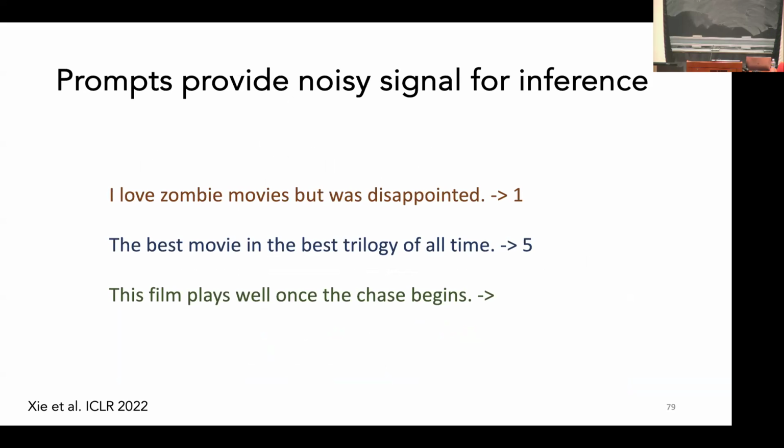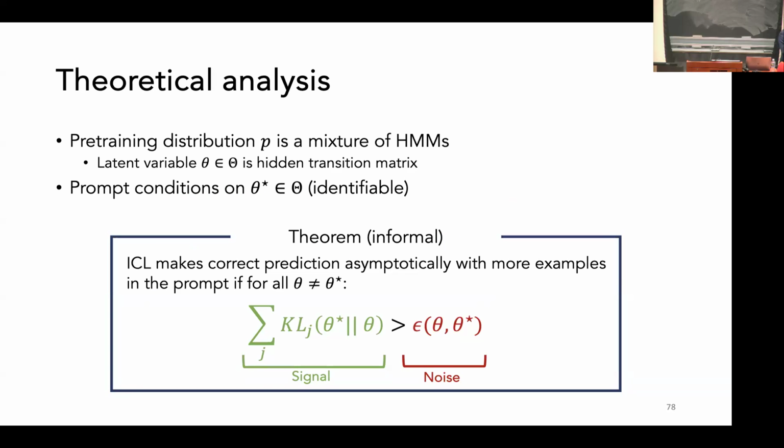Can you just go back to the previous slide? At a high level, I understand what you were saying. I was just a little surprised by you saying mixture of HMMs, especially given the line after that. Mixture of HMMs is an HMM, and you're saying that theta is not choosing one of those HMMs, but rather is a transition matrix. So what does the mixture do?